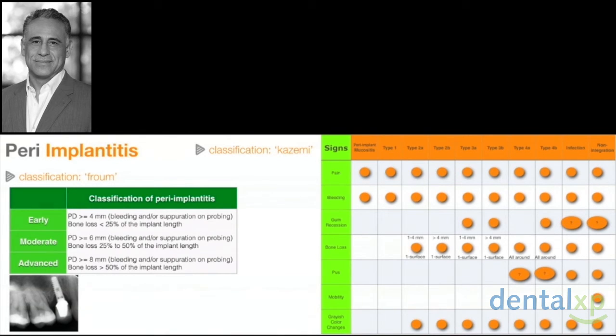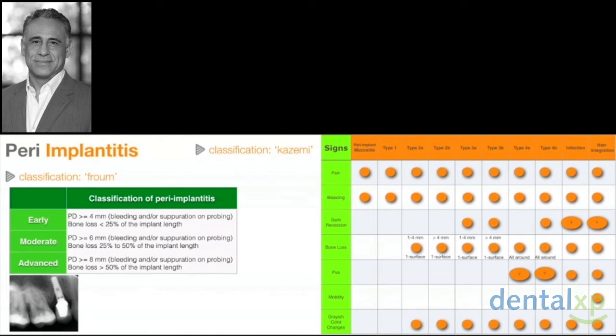So we devised this new classification that looks at a number of different signs: pain, bleeding, soft tissue recession, bone loss, purulence, mobility, and also various changes in the color.